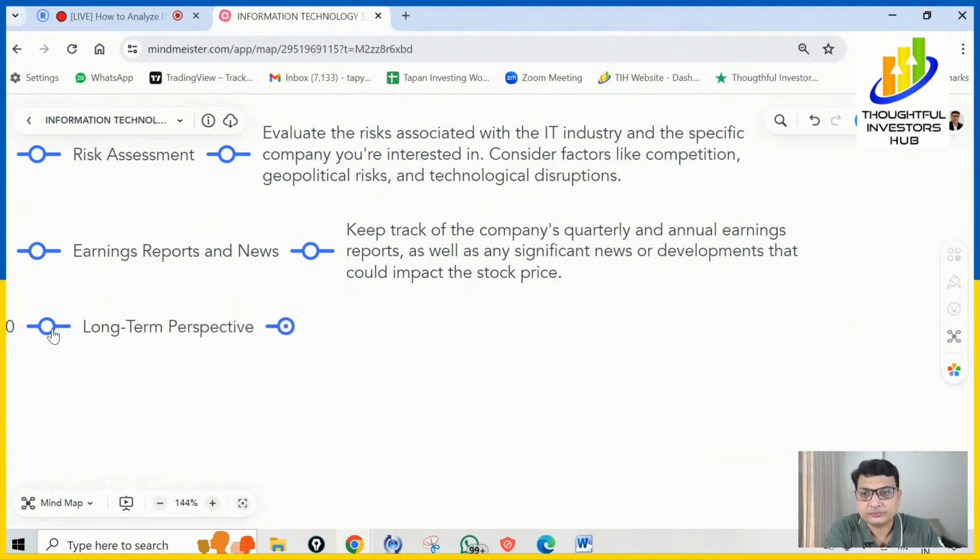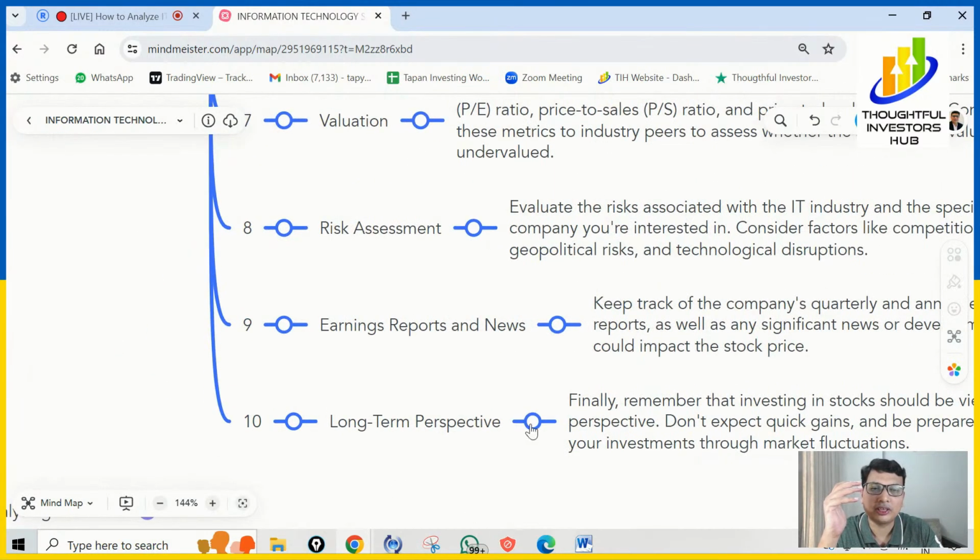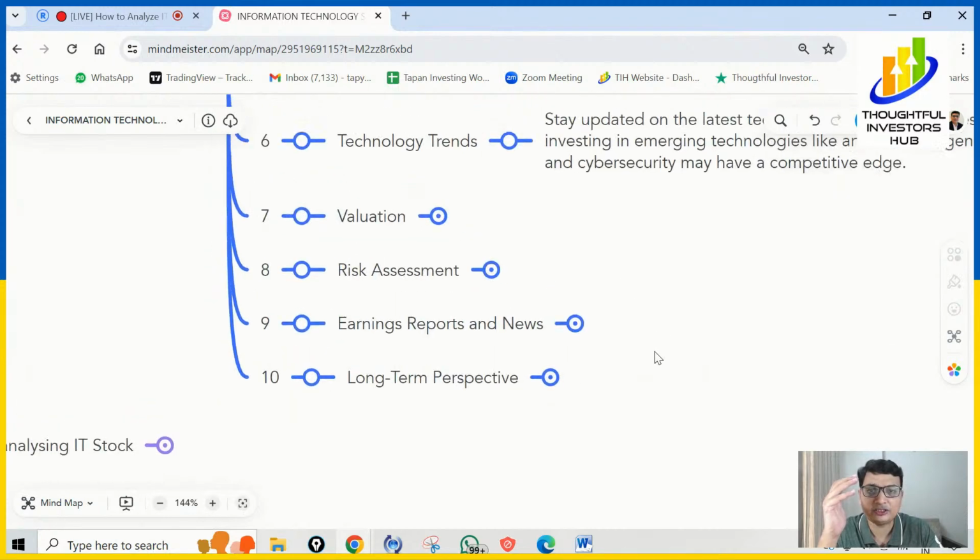Then again, guys, remember, whatever stocks you are investing in, you have to go for the long term. Do not expect quick gains and prepare for the investment over a long period, because at the end of the day, if the stock is good, it will go up. So don't worry about it. These are the top 10 points I wanted to tell you before you invest in any IT stocks.